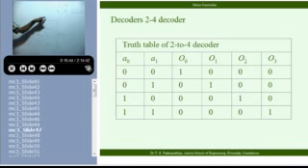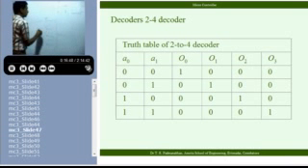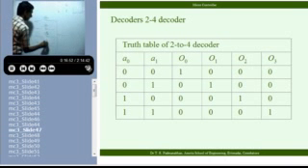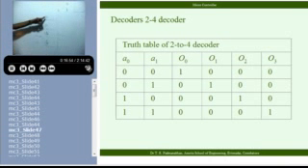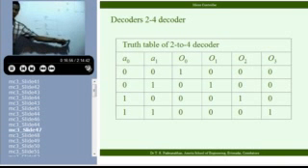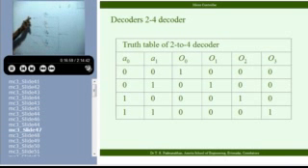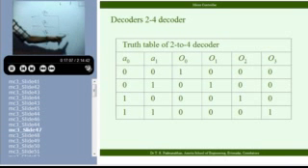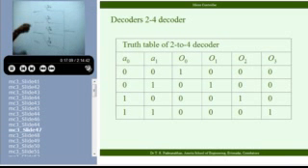I operate this switch by D0, this by D1, this by D2, this by D3. So when D0 is on, this switch will be connected. I have done multiplexing of these 4 into this output line. When I turn on D1, this signal will be connected here, and so on. This we have done yesterday.